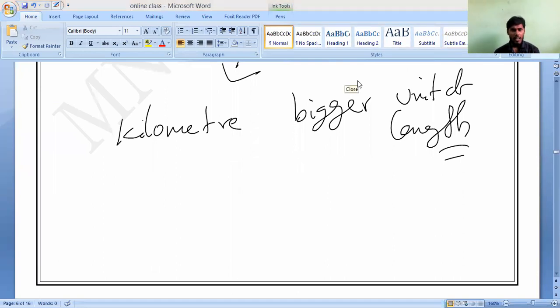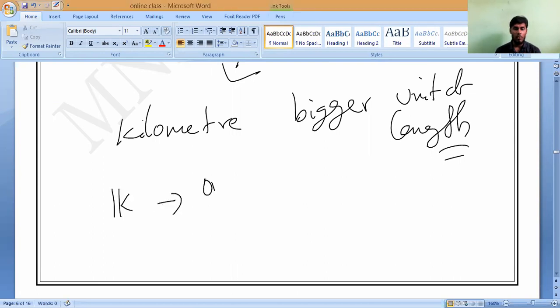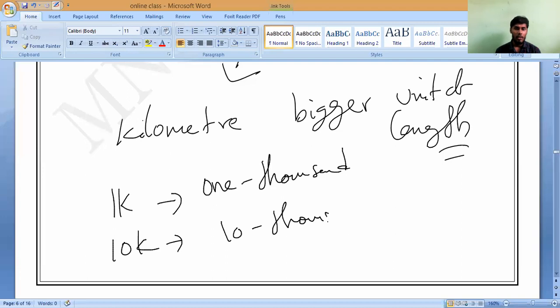Narayan is asking, sir, K means 1000, like 2K means 2000. Yes, 1K means 1000. If I say 10K, 10K means 10,000. Your mother or father, while counting money, will use it. Nowadays they will say 5.5K.